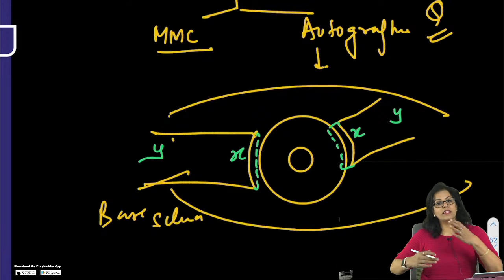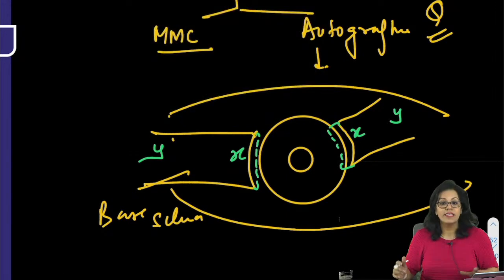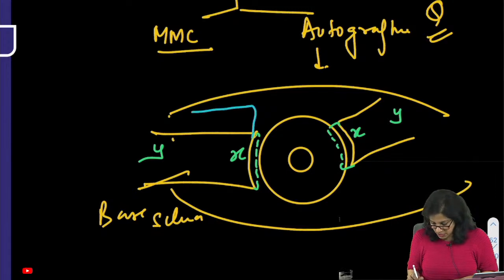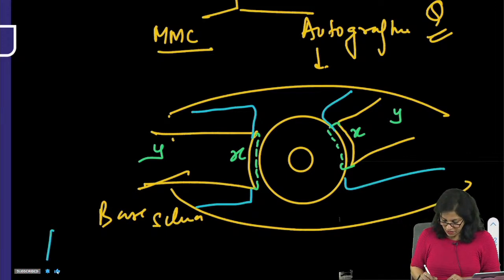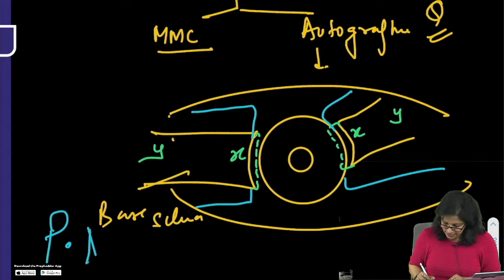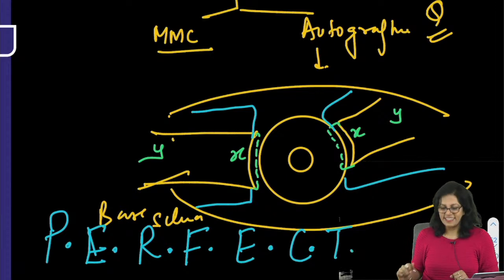Now, if I do everything over enthusiastically, that means resecting a much larger area, so that so much area is now bare sclera, I have to put a larger graft. And this is what is called perfect surgery. Perfect stands for pterygium extended resection followed by extended conjunctival transplantation.